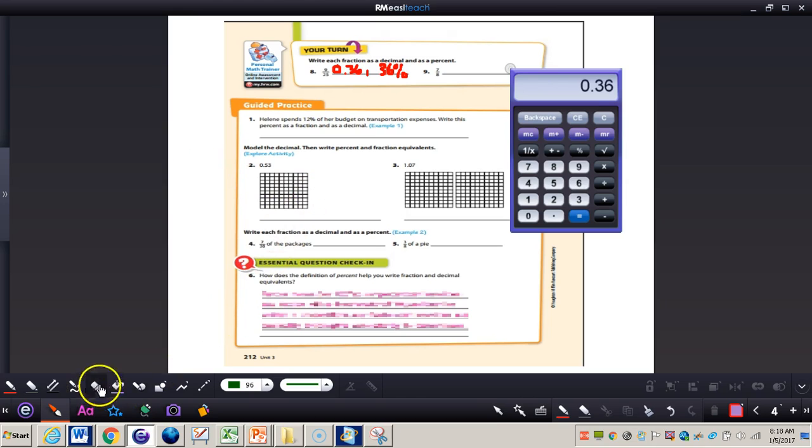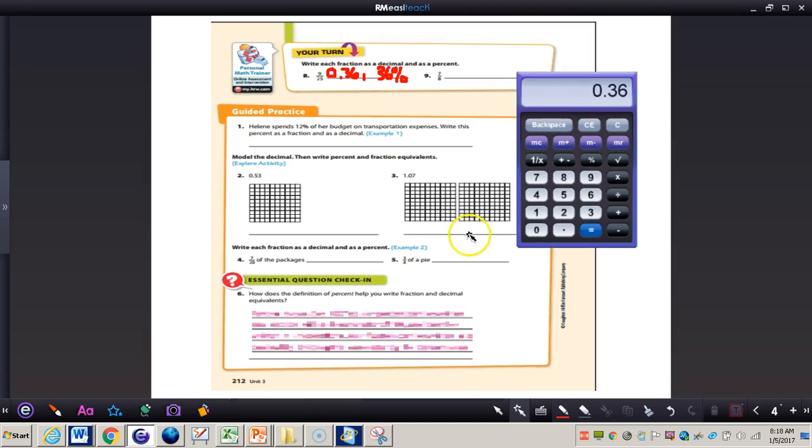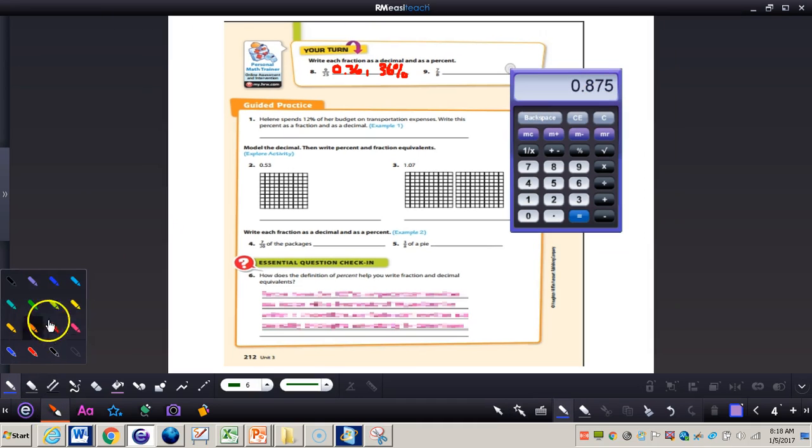Now let's take a look at number 9 together. We have 7/8. We're going to change that into a decimal. So we take 7, the numerator, divide it by the denominator. You can see I have 875 thousandths is my decimal.